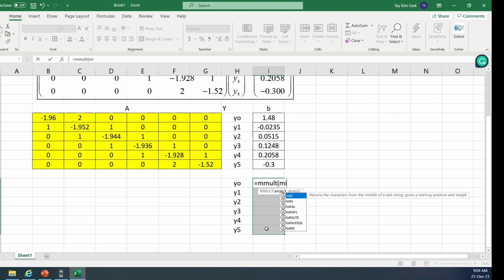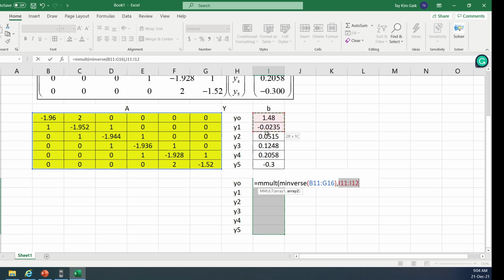We are going to multiply the inverse, so MINVERSE of A. I select the range of A, and then multiply with vector B. So close the bracket. You see MMULT, bracket, MINVERSE, bracket, this is the range of your matrix A, comma, the vector B. Close the bracket for MMULT.